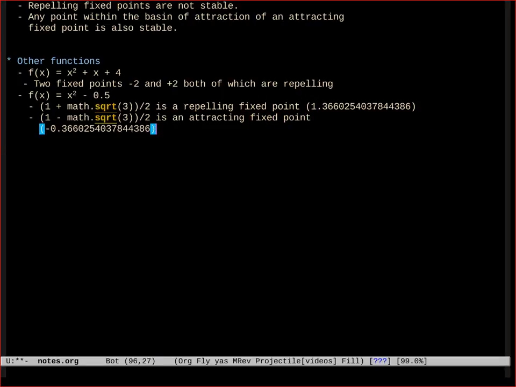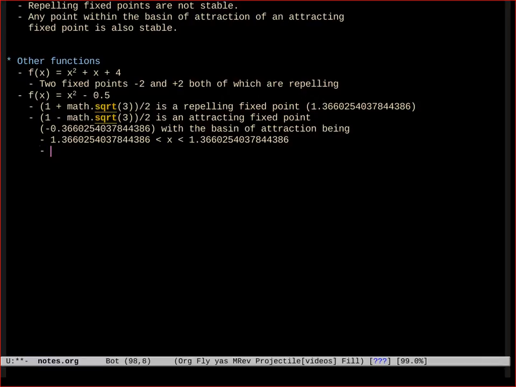Okay. With the basin of attraction being this, minus of this. That's the behavior of this function.